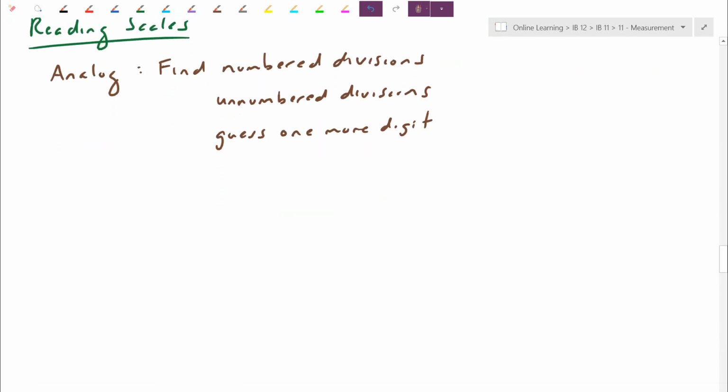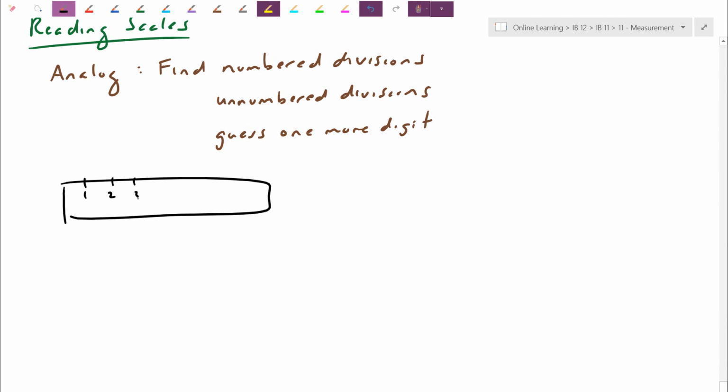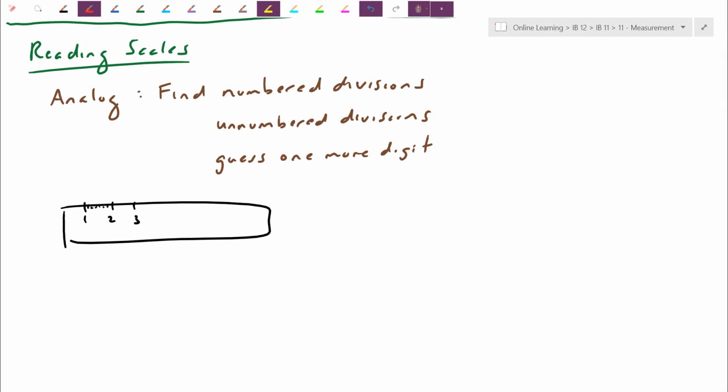So let's say I'm looking at a ruler. Here's my ruler. I have the 1, 2, 3 like that. Sometimes it's hard to identify what's numbered and what's unnumbered, but this is just a nice hint to get at how precise something is. Let's say I have a pen cap, and it matches up to that length there.